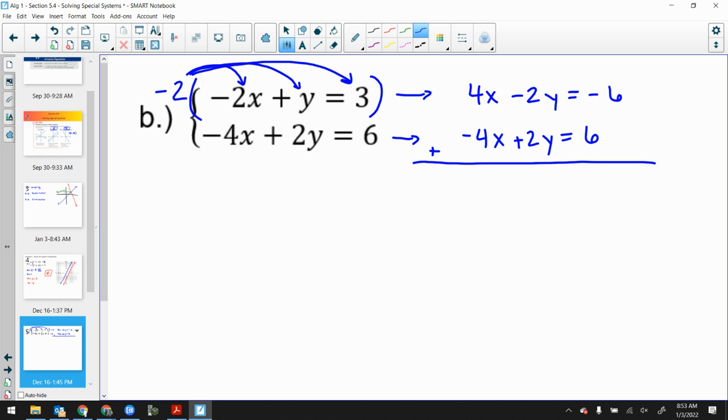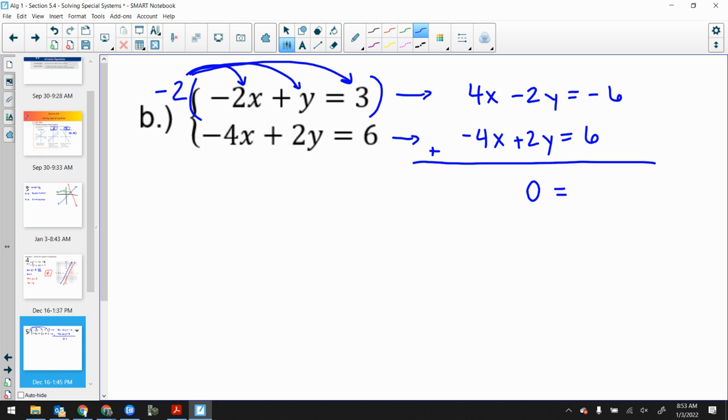Now, let me ask you, what happens on the left side? If I take 4x plus a negative 4x, a negative 2y and a positive 2y, what remains on the left side? A 0.